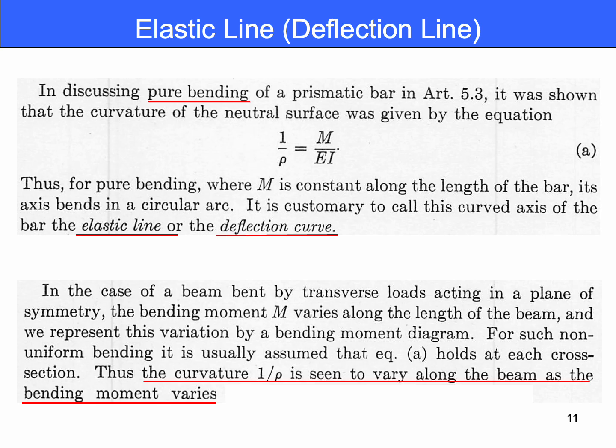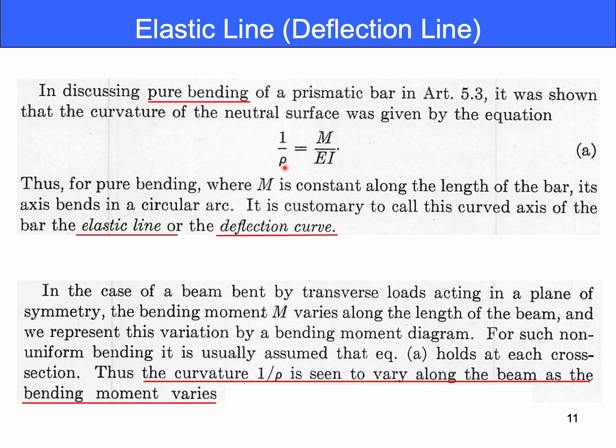This slide defines the elastic line, that is the deflection curve. The key equation is shown here: 1 over rho equals M over EI.